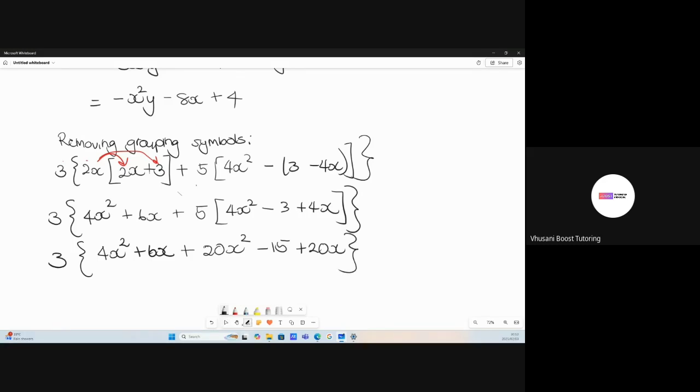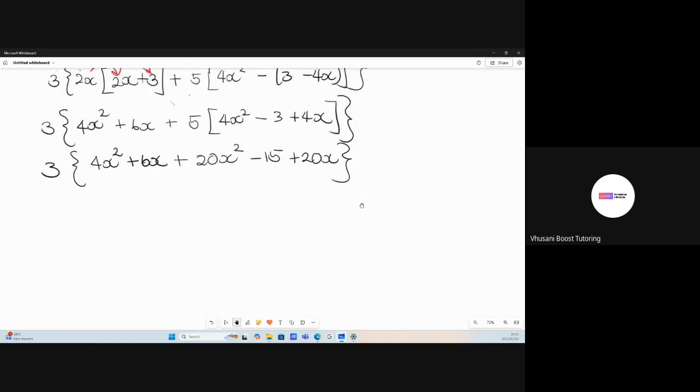And then once you reach this point, you can see it's very easy. You can either add these two and add these ones, and then multiply your 3 inside, or you can first multiply your 3 inside. Whichever way is fine. I'm going to first add the numbers.